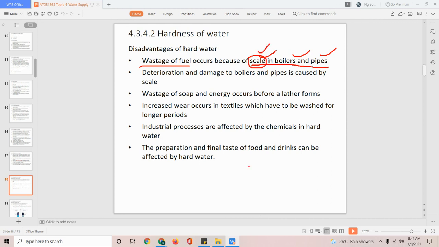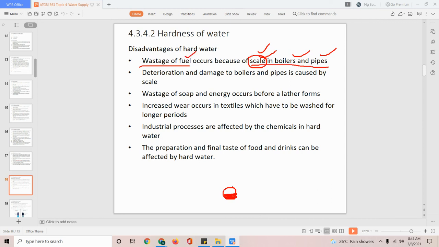This scale reduces the pipe diameter, slowly covering up the pipe. We do not want that, because as the water travels, the minerals settle and start to block the flow of the pipe.